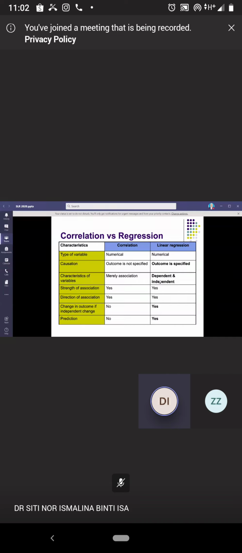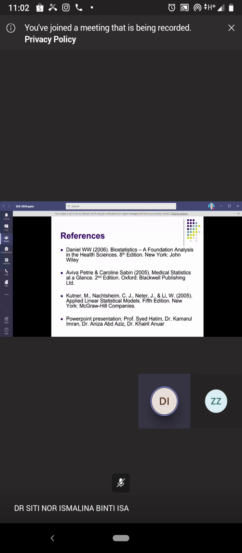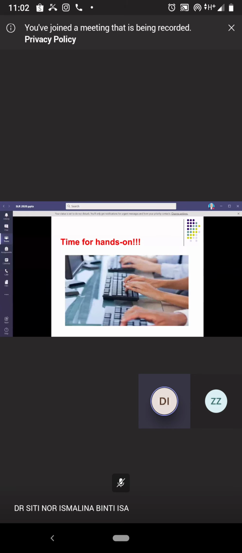In linear regression, we clearly specify the dependent and independent variables. We can also determine the change in outcome if the independent variable changes, and also make predictions in linear regression. Any questions regarding simple linear regression?